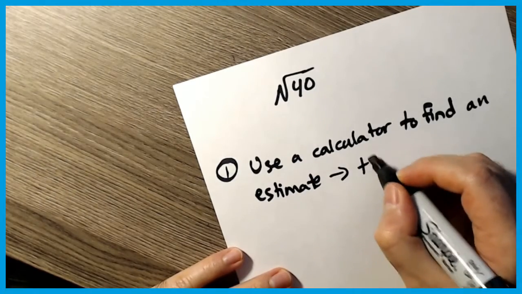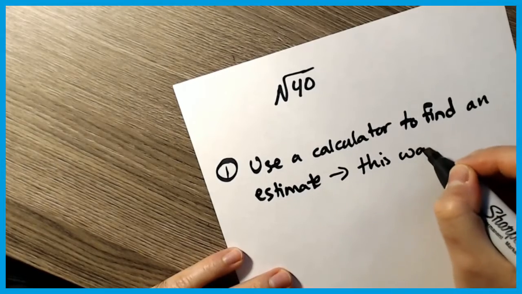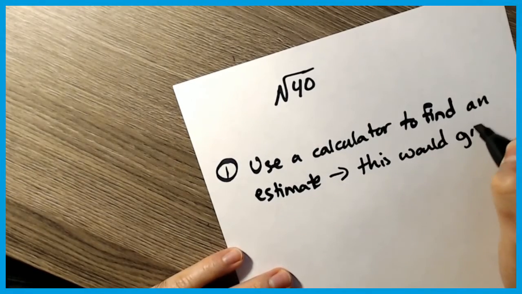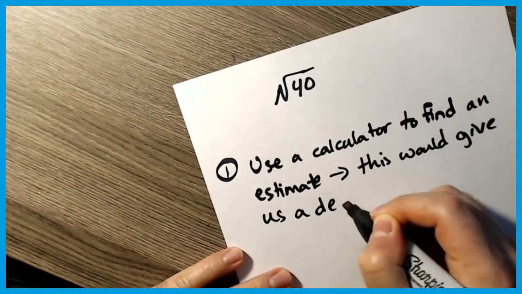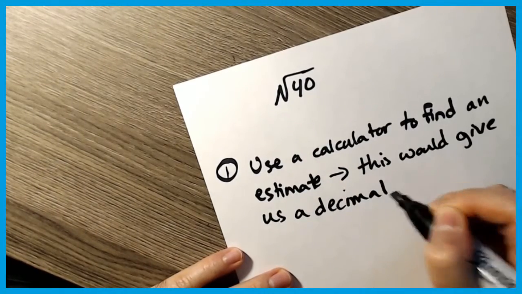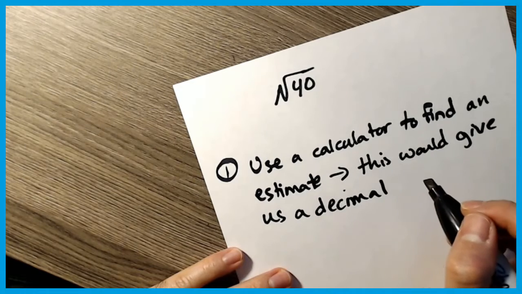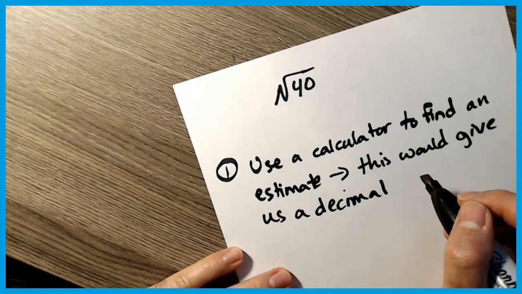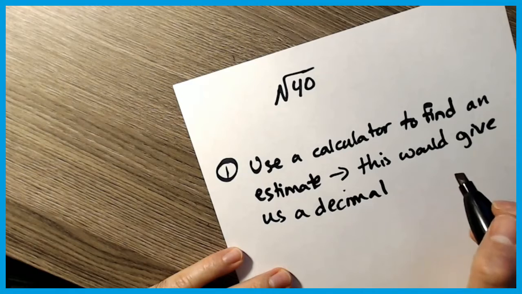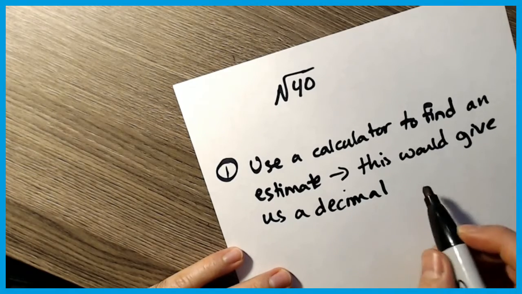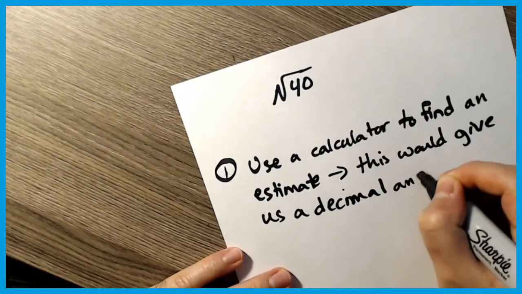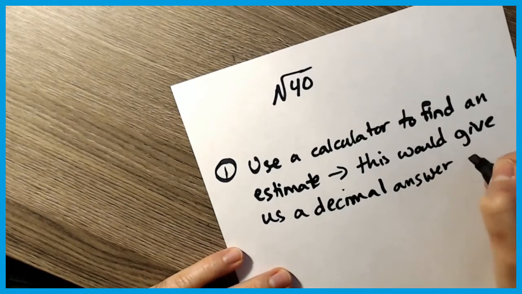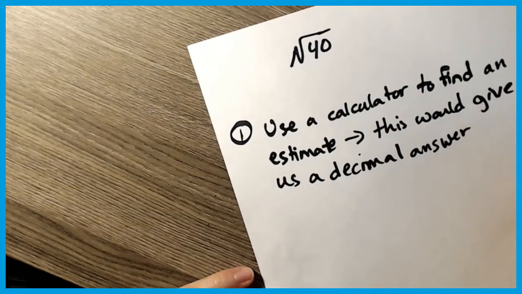Basically all I'm saying there is this would give us a decimal answer, which is okay unless you are working on something that's important and you want everything to be precise. Since this would give us a decimal answer, it wouldn't be exact.